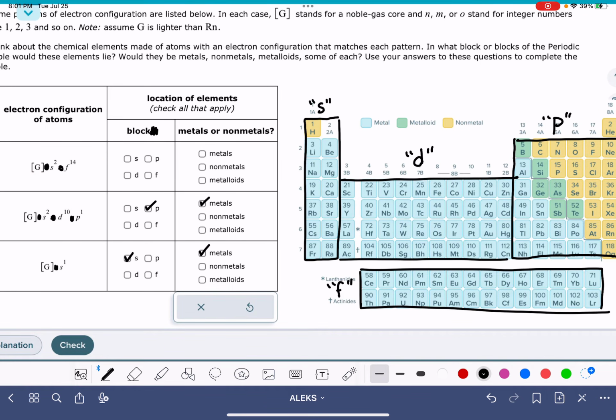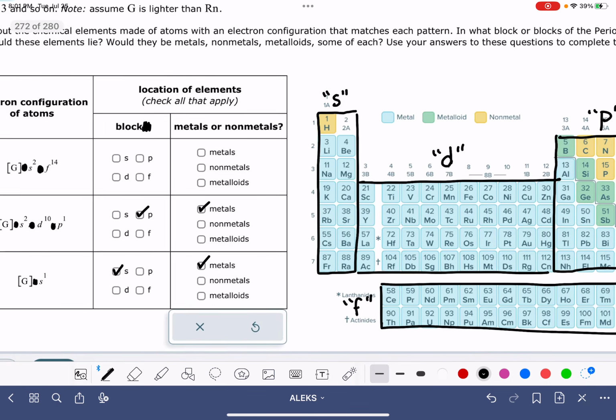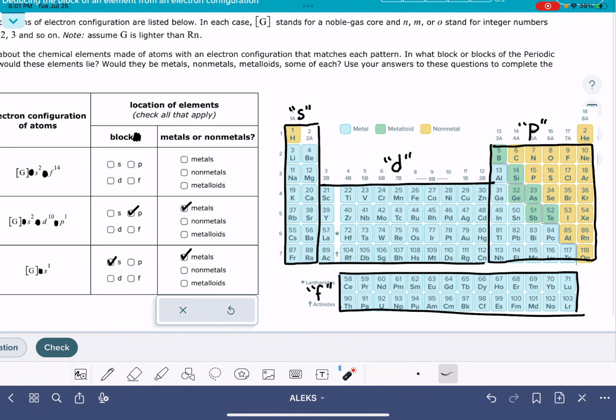All right, let's try my last one. Again, I'm going to ignore the N and the M. That is S2 F14. We'll start with helium. 2s2, we're not getting into the F's yet, so we're not starting with helium. Neon, 3s2, we've got to go straight from the S to the F, so this is also not correct. Argon goes 4s2, 3d10, so that also is not correct because our configuration doesn't have the D electrons in it.